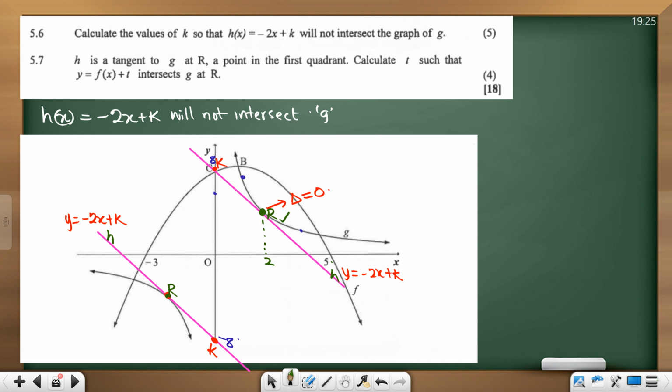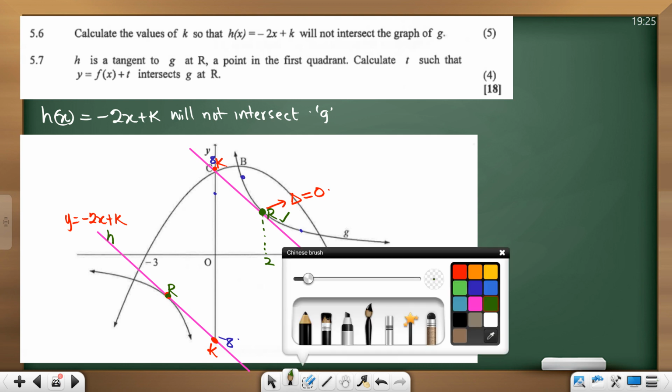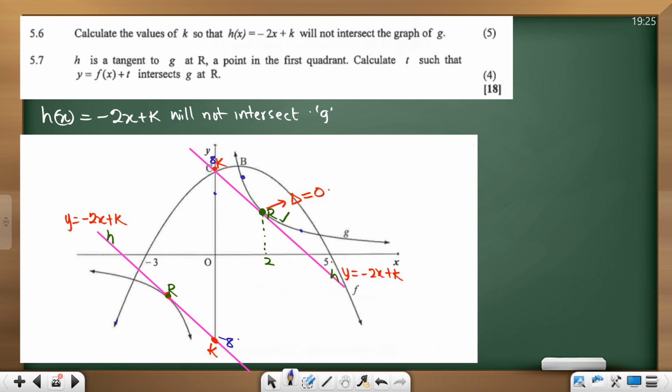Calculate t such that y equals f(x) plus t. Now they bring in f of x. I'll use a blue one. This, guys, check this. This is my f of x. Plus t must intersect g. When will this touch at R? Look, check what I'm going to do.